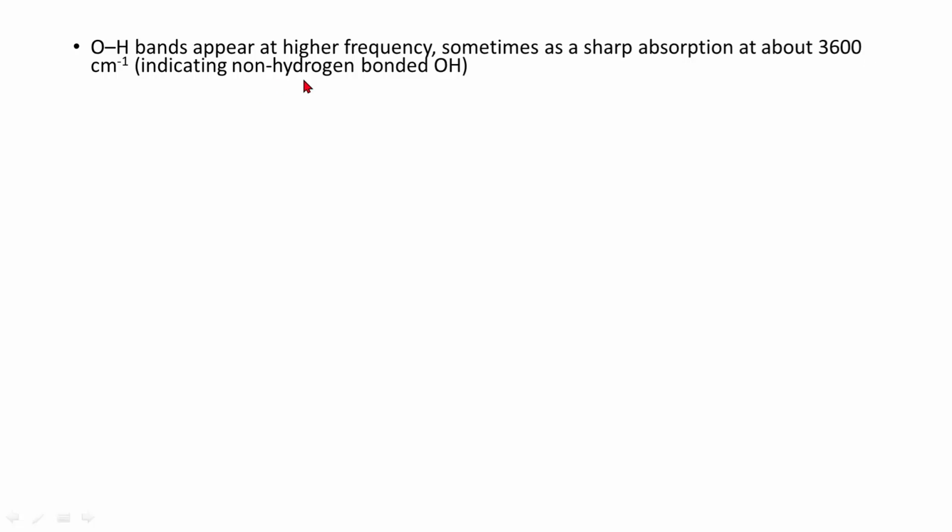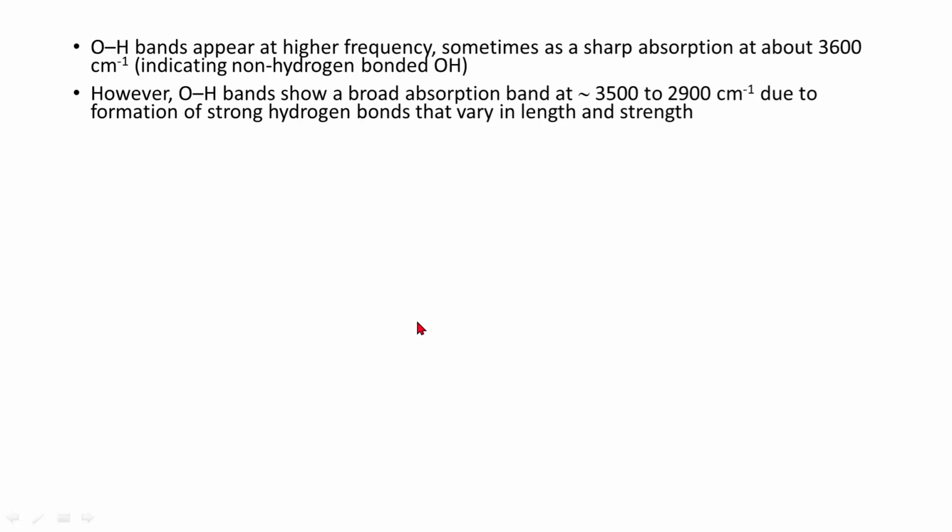That indicates non-hydrogen bonded OH group. However, OH bands show a broad absorption at 3500 to 2900 centimeter inverse due to the formation of strong hydrogen bonds that vary in length and strength. Lower the absorption frequency, the stronger the hydrogen bond is.